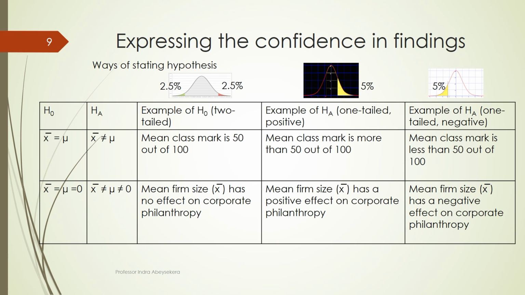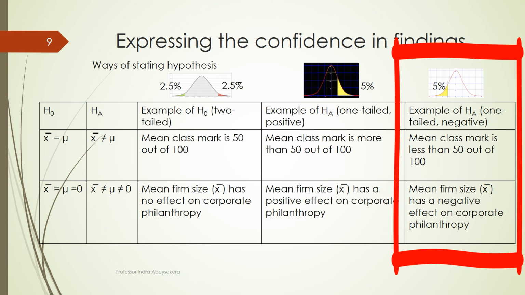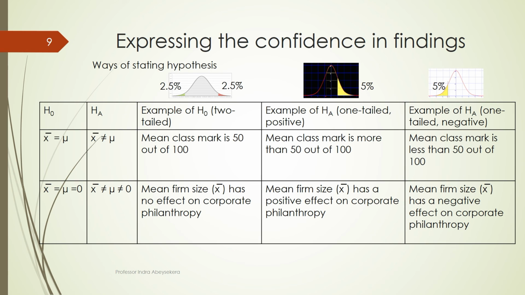We can also test the hypothesis as a negative direction, where we express the 5% significance level outside the confidence interval lies on the left side. And examples of those are when sample mean equals population mean.